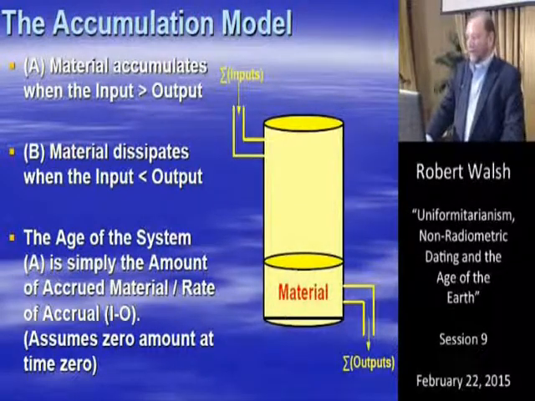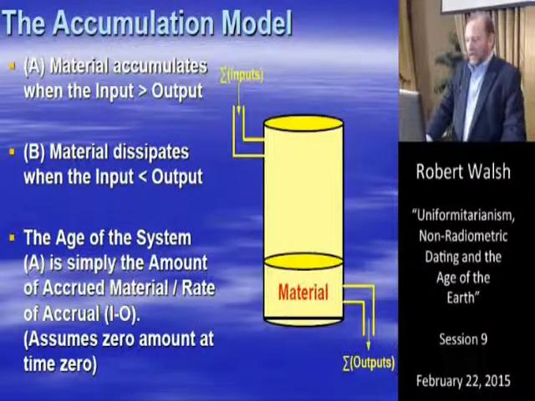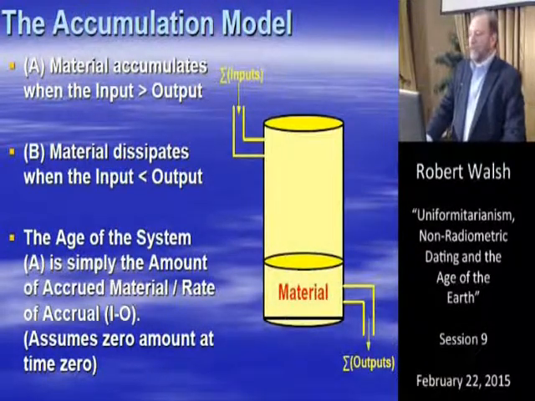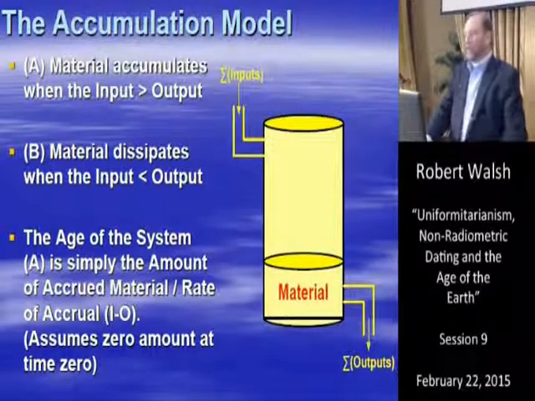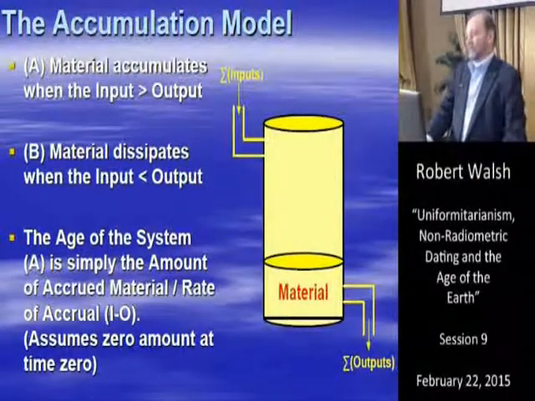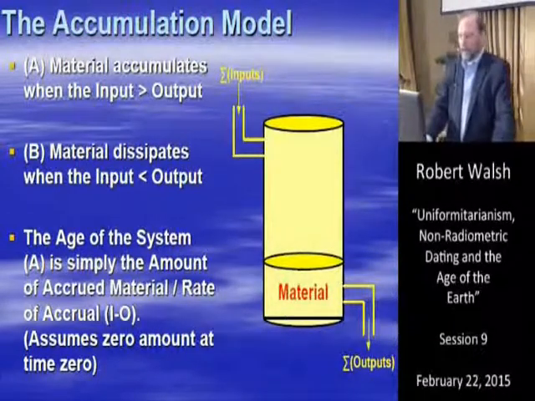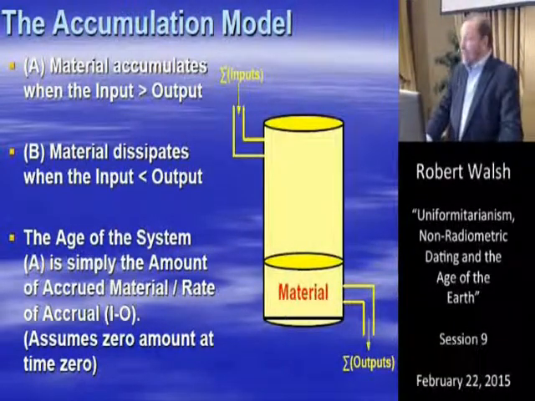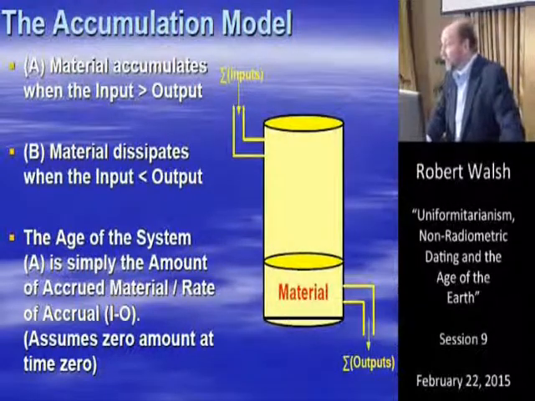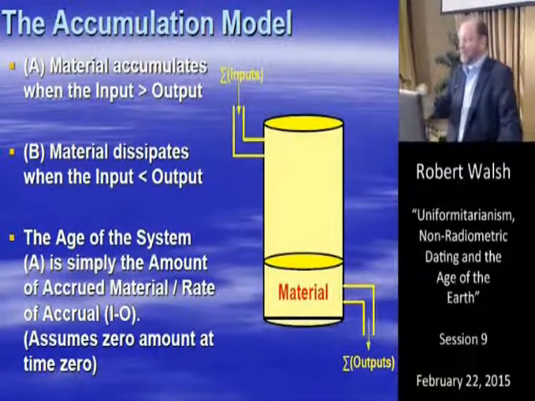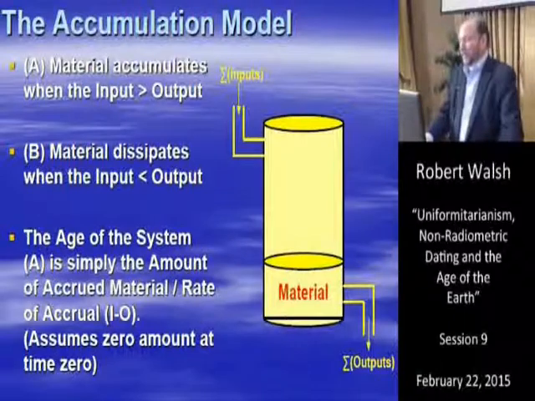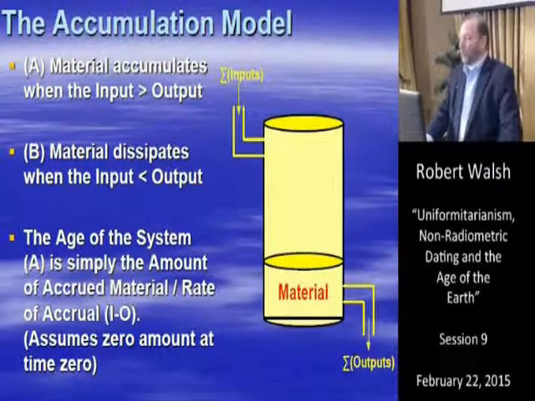So that material there that's in the basin will slowly increase if you're putting more into the bucket than you're taking out. Okay, so that's called an accumulation model. If the input is less than the output, you're not putting in as much as you're taking out, then that material ought to decrease, okay, or dissipate.